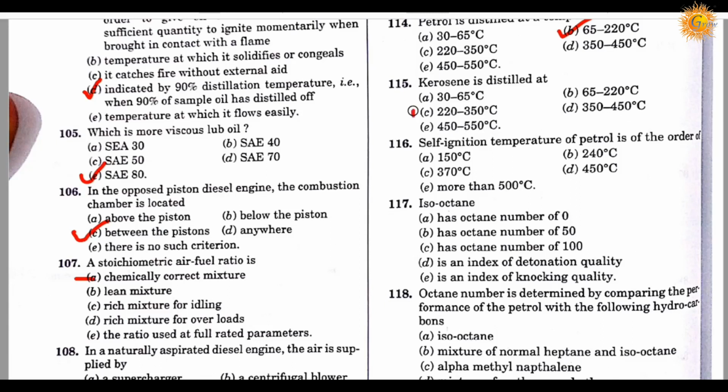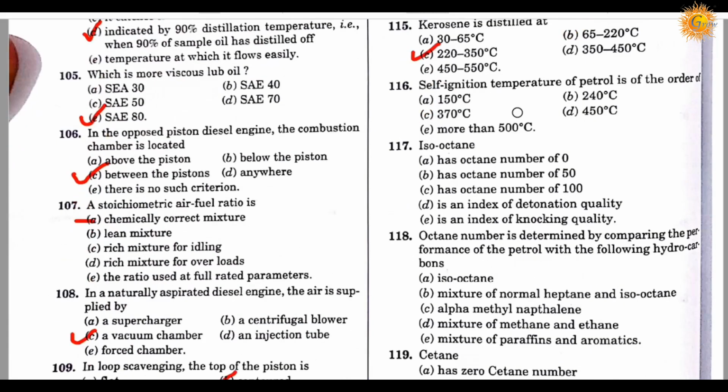So the correct answer is C, 220 to 350 degrees centigrade. It's the temperature where kerosene is distilled. Question number 116.